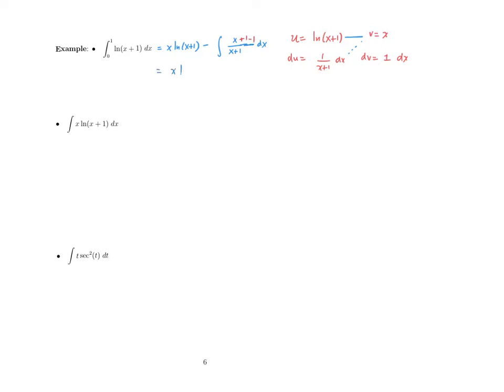So how does that help us? Well, you can always break a fraction up over addition or subtraction in the numerator. So you could rewrite this fraction as x plus 1 over x plus 1, which is 1, minus the fraction 1 over x plus 1.